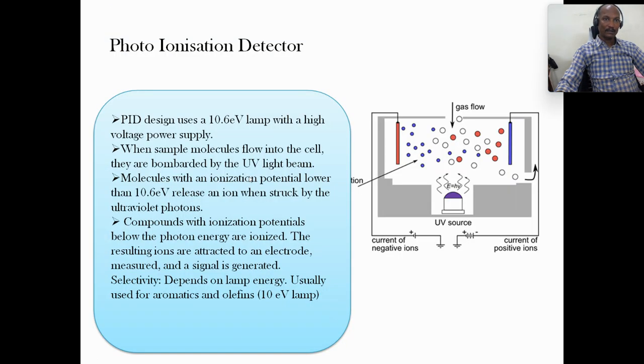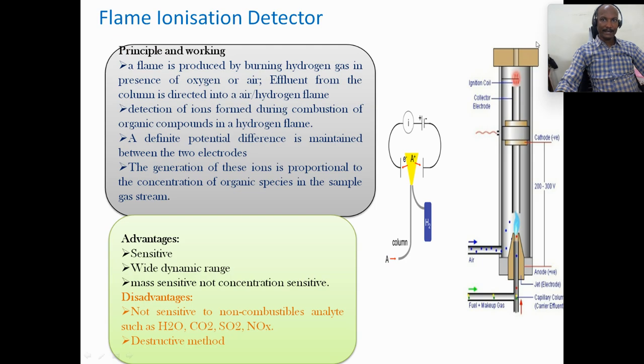Now how they work. The first one is the flame ionization detector, popularly called FID. What is the principle involved in flame ionization? A flame is produced by burning hydrogen gas in the presence of an oxygen array.